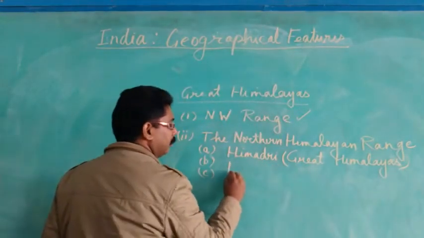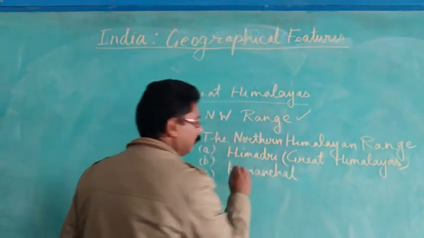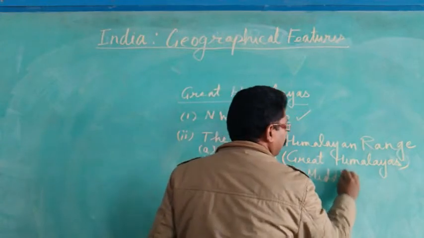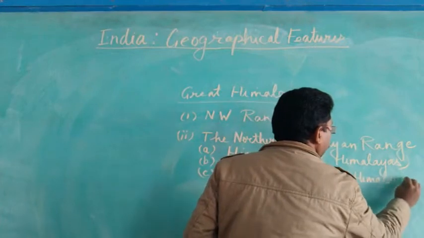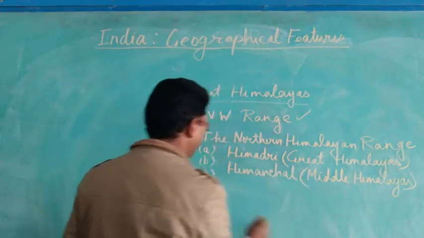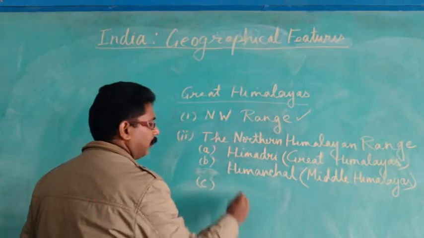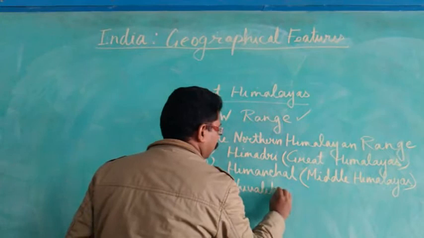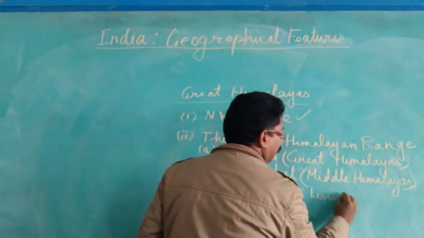Second is the Himachal. It is also known as the Middle Himalaya. And the third is the Shivalik. It is also known as the Lesser Himalayas.